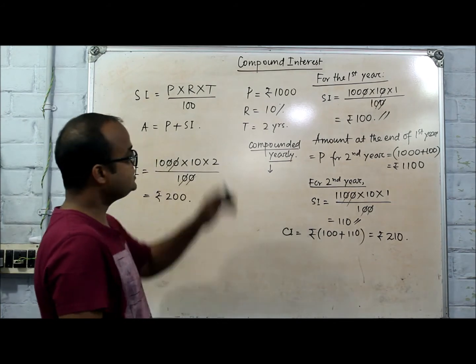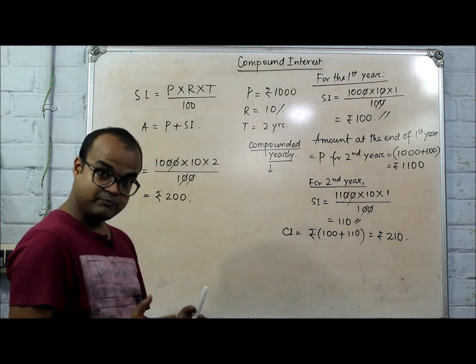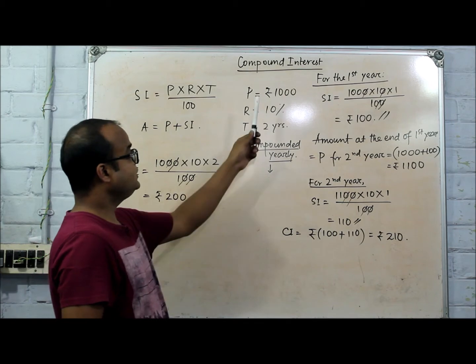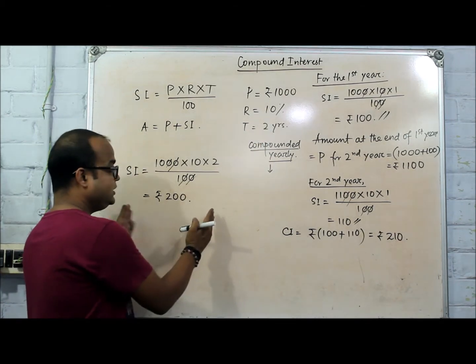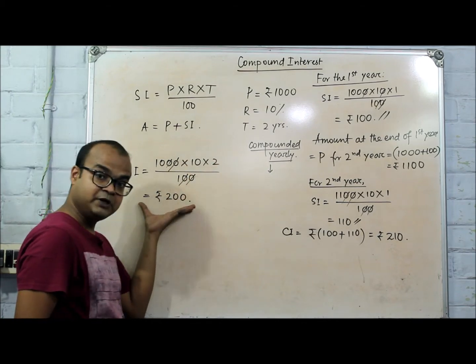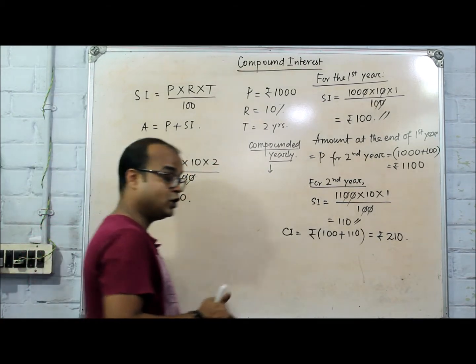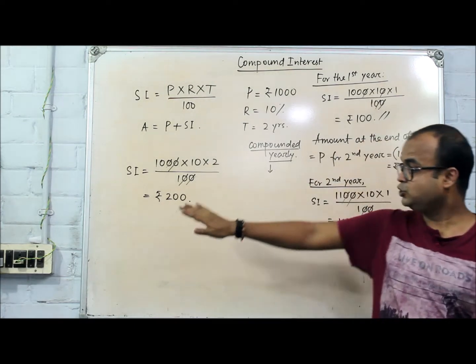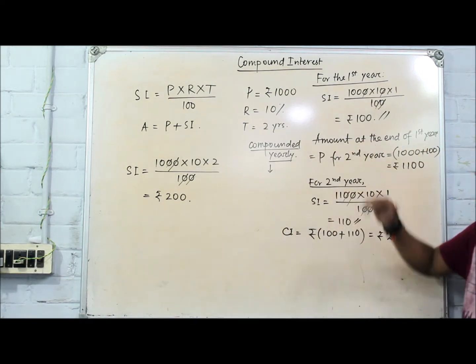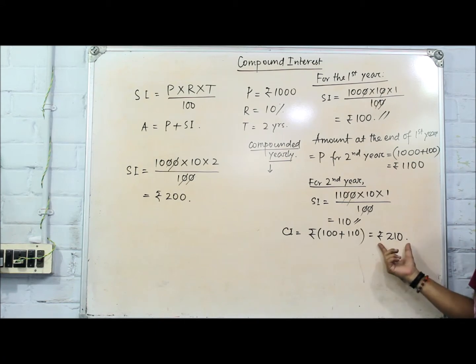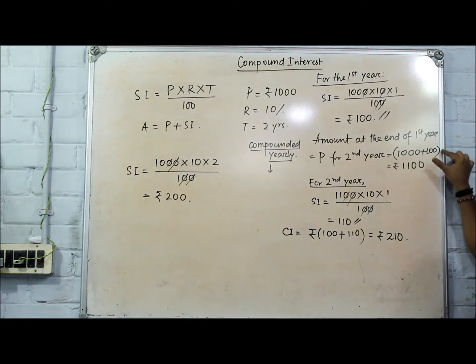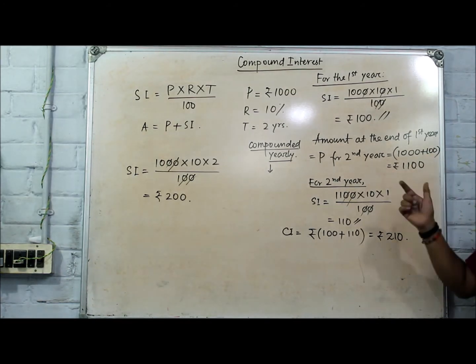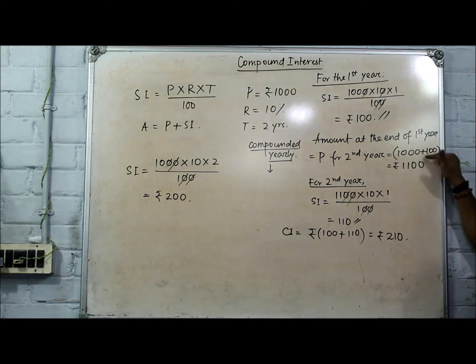Now see, the same money is deposited at the same rate for the same period. But if you deposit this money at simple interest, you are earning an interest of rupees 200. Whereas in compound interest, you are earning an interest of 210. This is because you are getting an additional interest on this rupees 100.